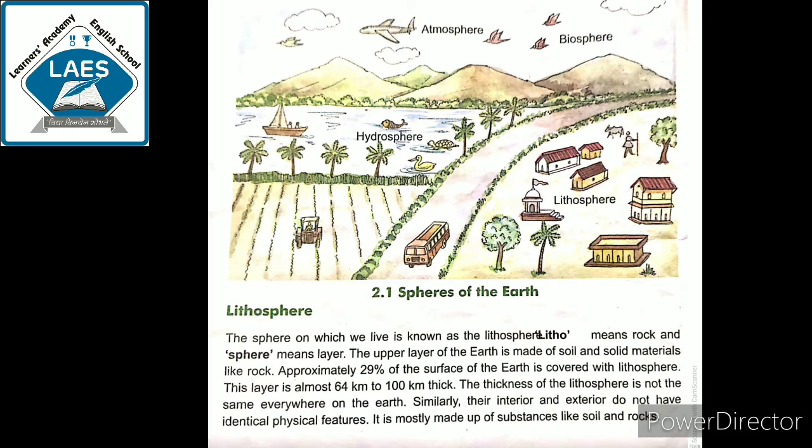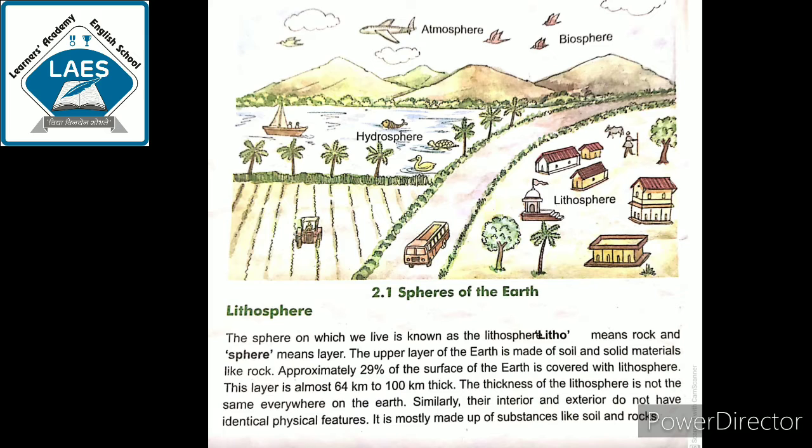Now begin with lithosphere. The sphere on which we are living is known as lithosphere. The word litho means rock. Sphere means the layer. The upper layer of the earth is made up of soil and solid material, which we call rock.